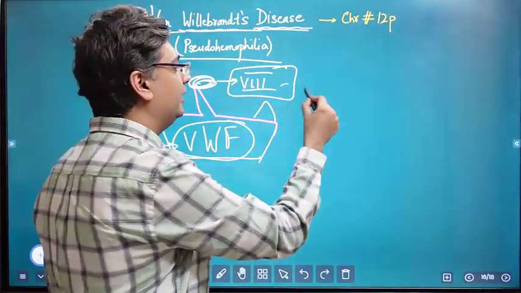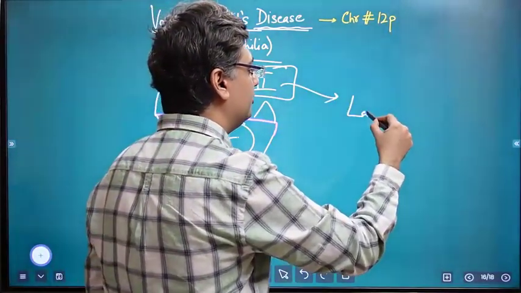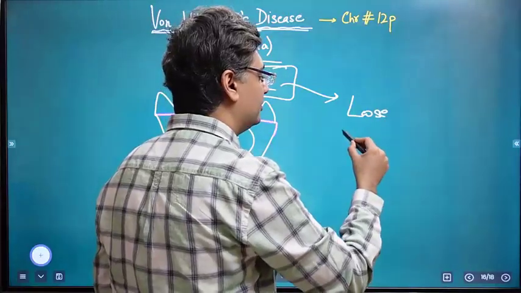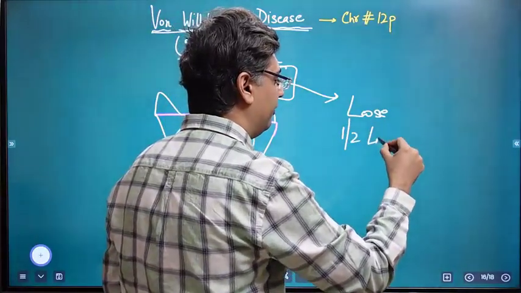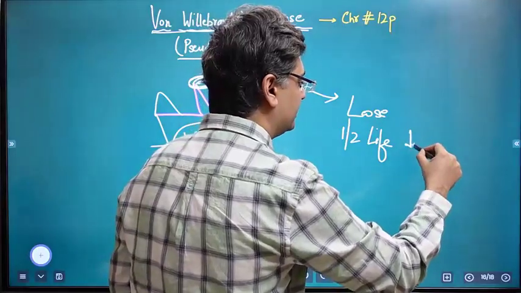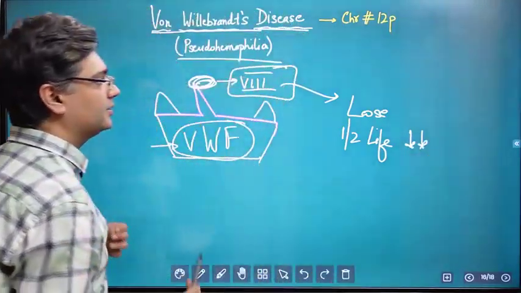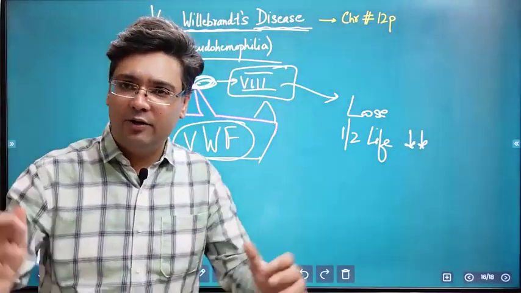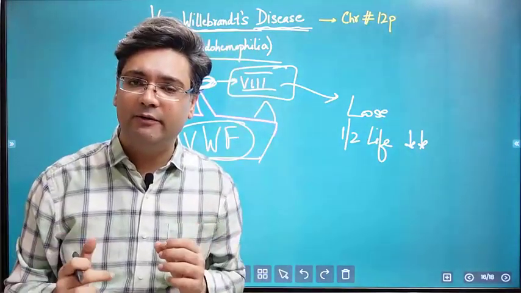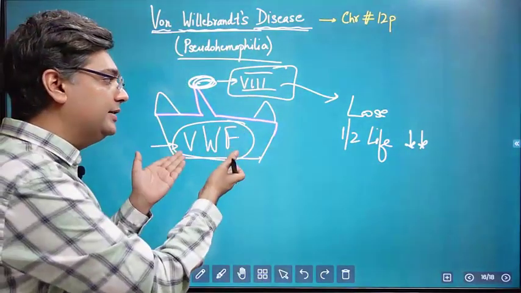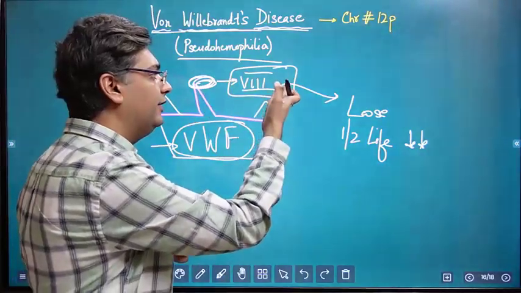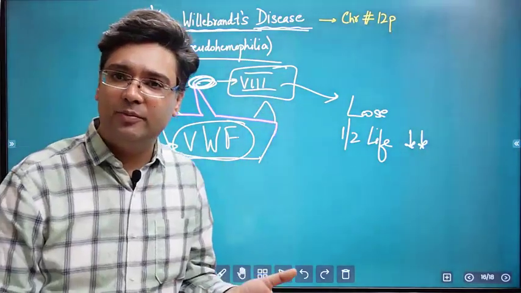In fact, factor 8 is let loose in the circulation, and because of this, the half-life of factor 8 drastically reduces. If von Willebrand factor is lacking, then factor 8 will also not function properly.